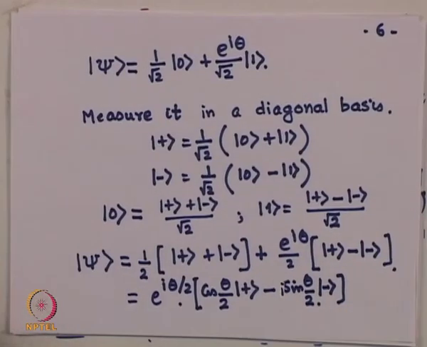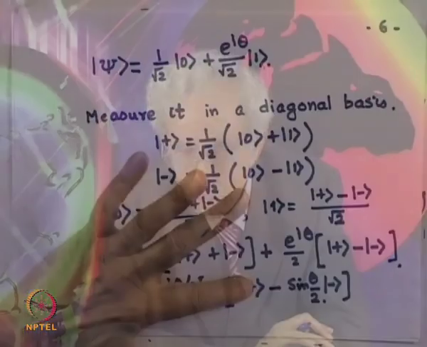Remember that this is an overall phase factor. And in a quantum state, as we have stated earlier, an overall phase factor does not matter, because a state psi and another state which is c times psi, they have no physical difference. So therefore, this is not going to matter to us. But suppose I am now making a measurement in the plus minus basis.